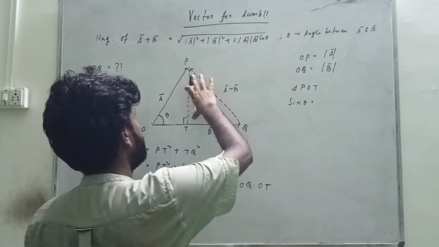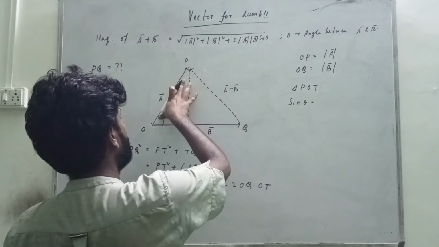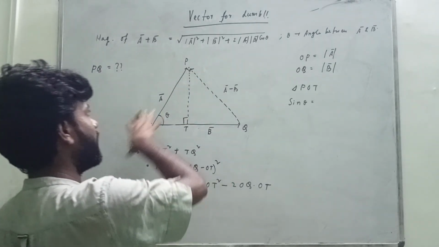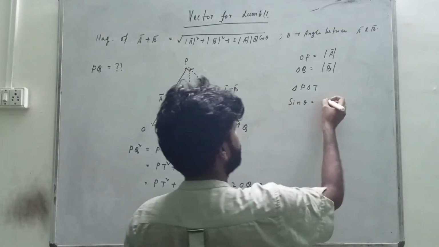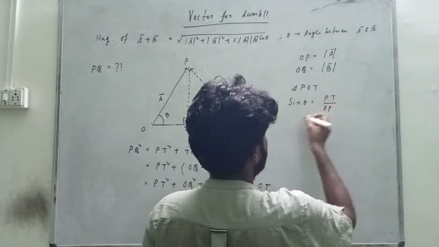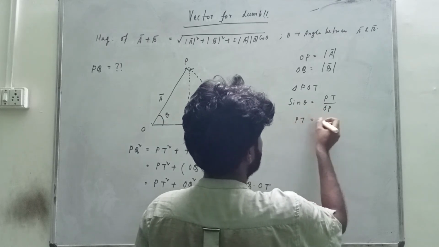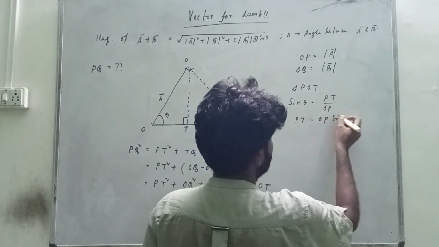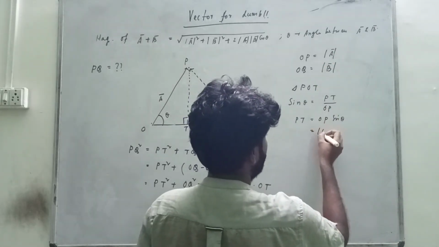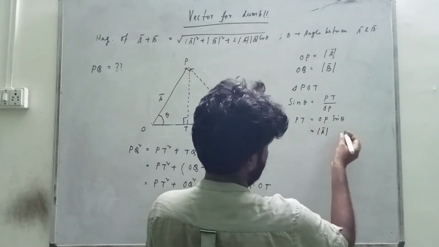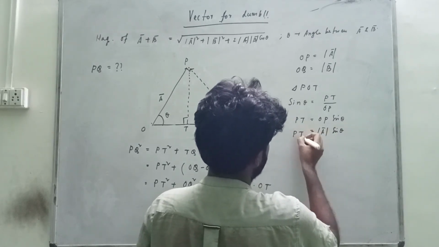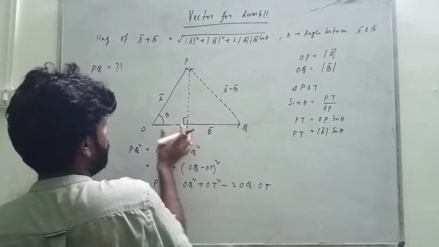Obviously PT by OP, the perpendicular by hypotenuse. So PT equals OP sin theta, and OP means modulus of A, the length of A, sin theta. It's PT.